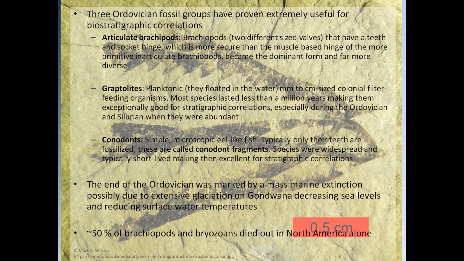And so they had a very, very short geologic range, which is great for doing stratigraphic correlations. And they were most common during the Ordovician and the Silurian. They're not around now, they went extinct eventually. The other thing is that because they lived in the water column and were free floating, it meant once again they had a very broad geographic distribution. So they're absolutely great for doing biostratigraphy over very large distances.